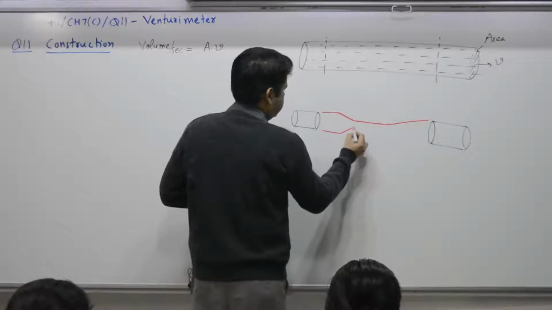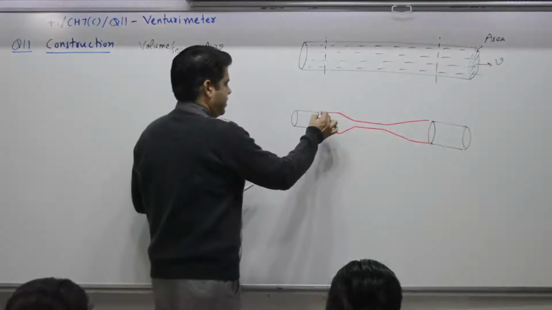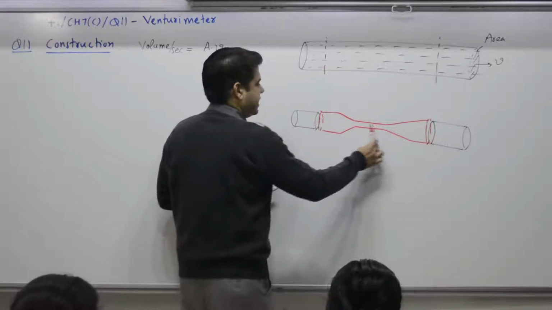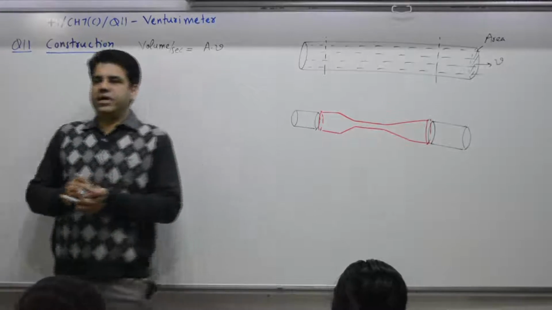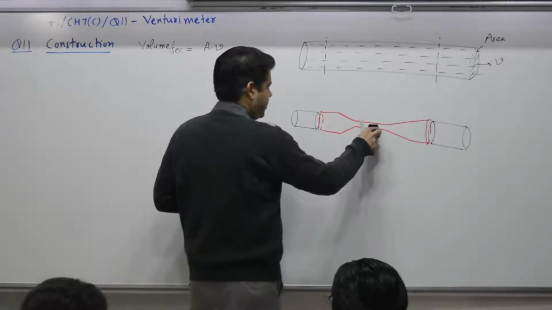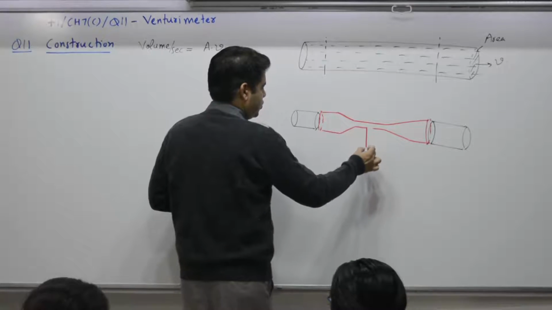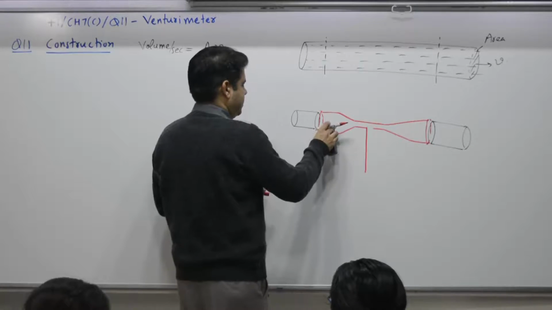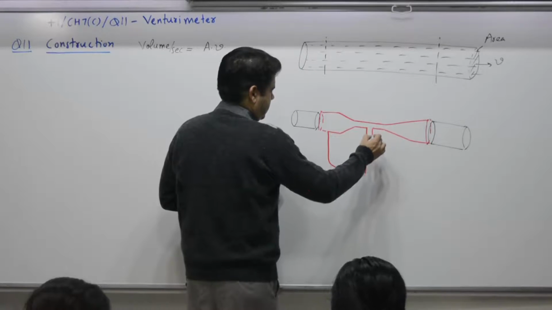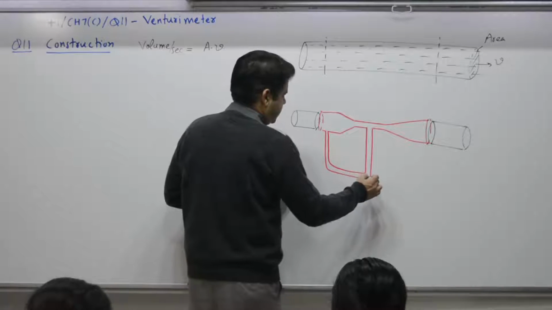And in this device you have a neck, narrow part, and in this one you have a U-tube type arrangement. What is the purpose? To measure pressure difference.